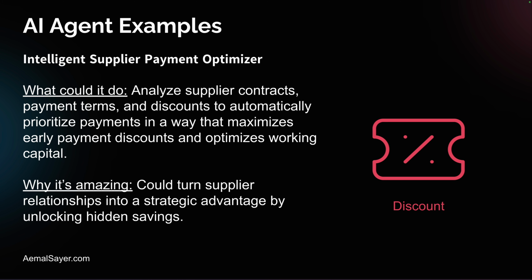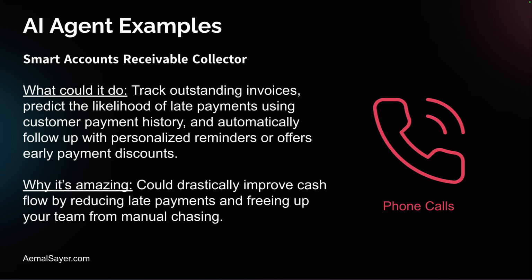A discount optimizer. I was a part of a $300 million scale up, and from the supply chain management of that, we know how easy it is to make a lot of profits if you can utilize these small discounts. Phone calls for smart accounts receivable. We are going to do phone calls in this workshop today, in this series of lectures today.